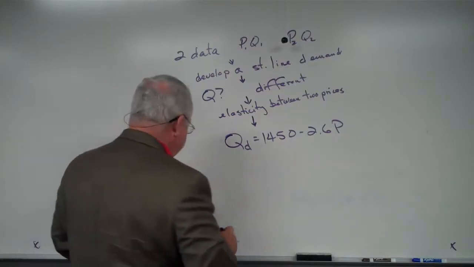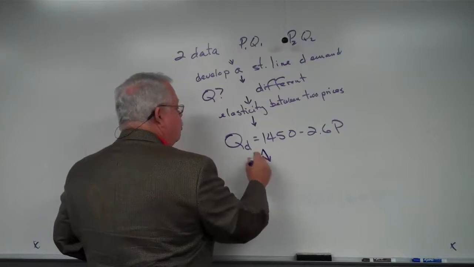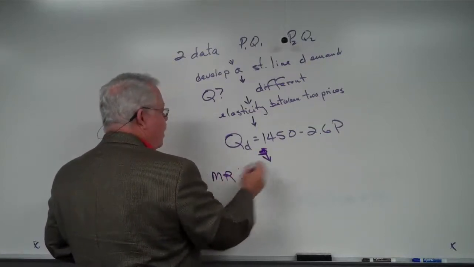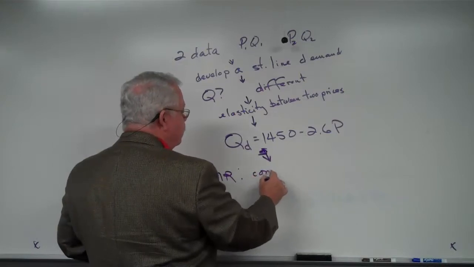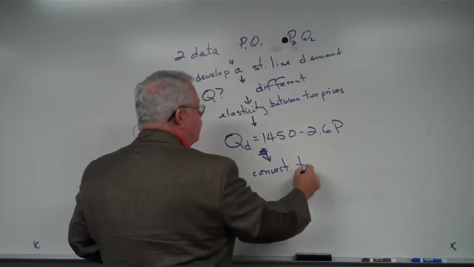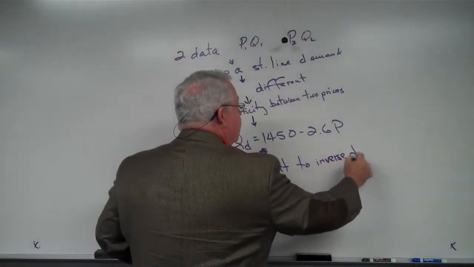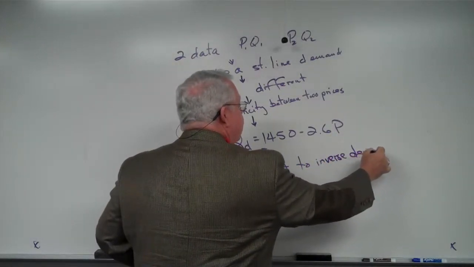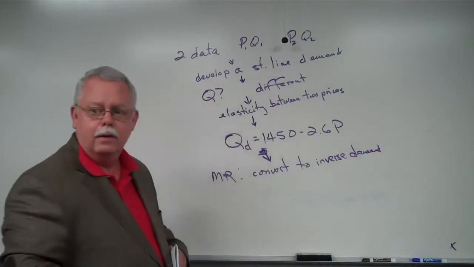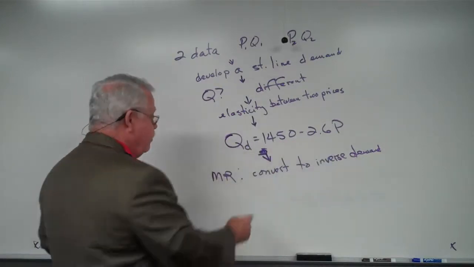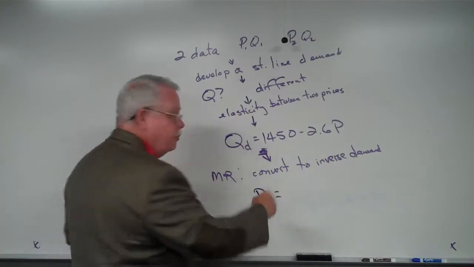Here's where it gets tricky. To find marginal revenue, I've got to convert this to its inverse statement or its inverse equation. Convert to the inverse demand. What that means is to restate this equation as P equals blah, blah, blah.